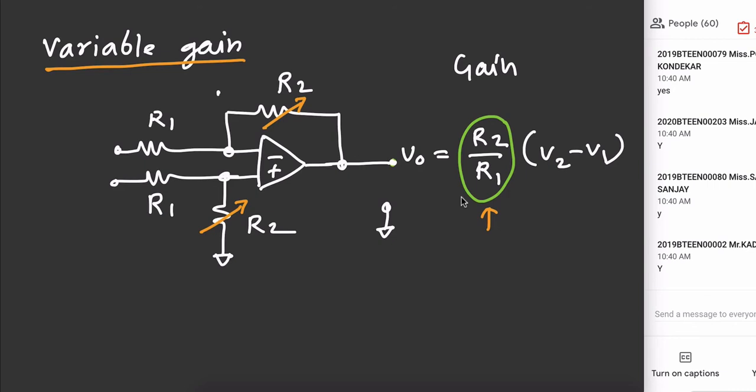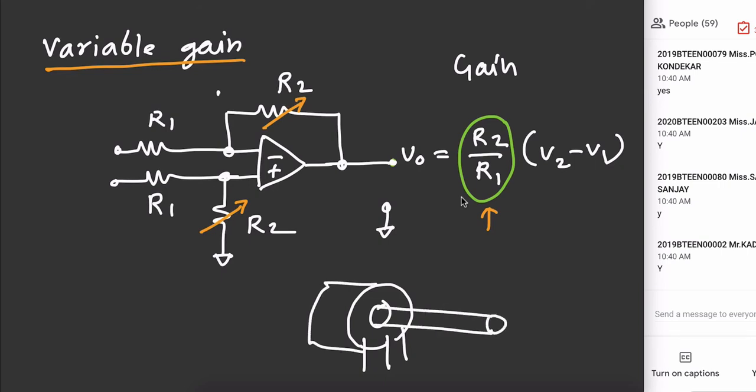People have found a way of solving this also. Everybody knows a potentiometer. A potentiometer is a circuit which has three terminals and a shaft. It's a variable resistance. Internally there is a wiper and a circular strip of resistance.